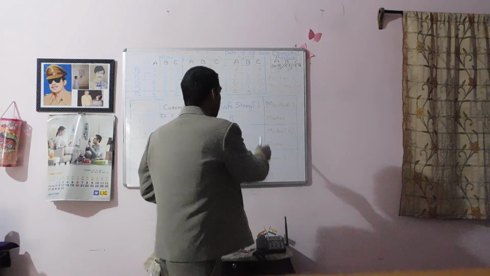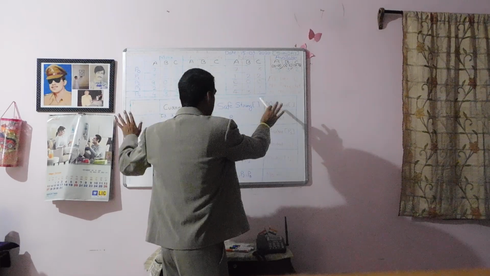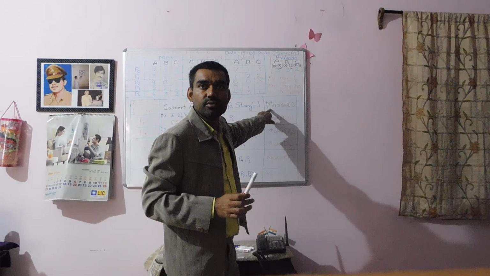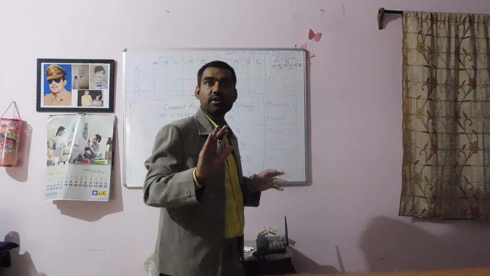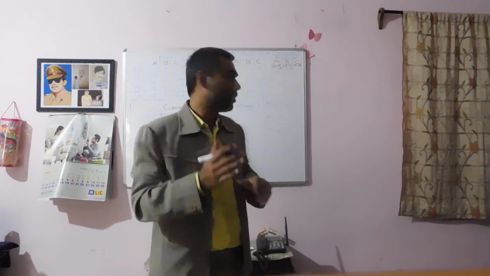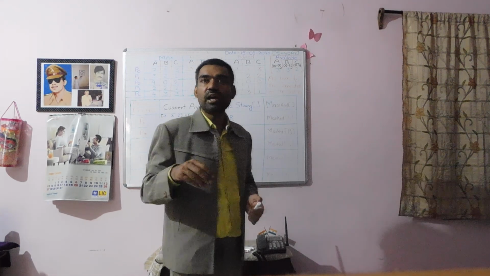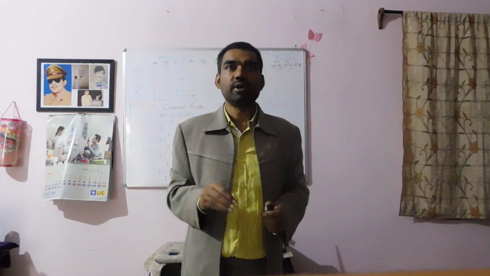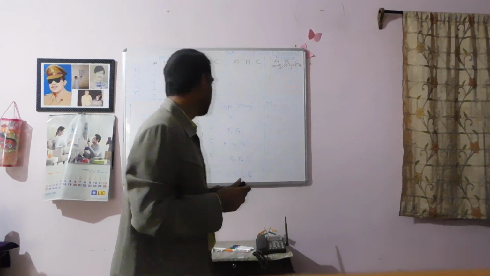So in this table, the column marked is specifying the setting of the value to true. Mark of P1 specifies that we set the ith element to true.